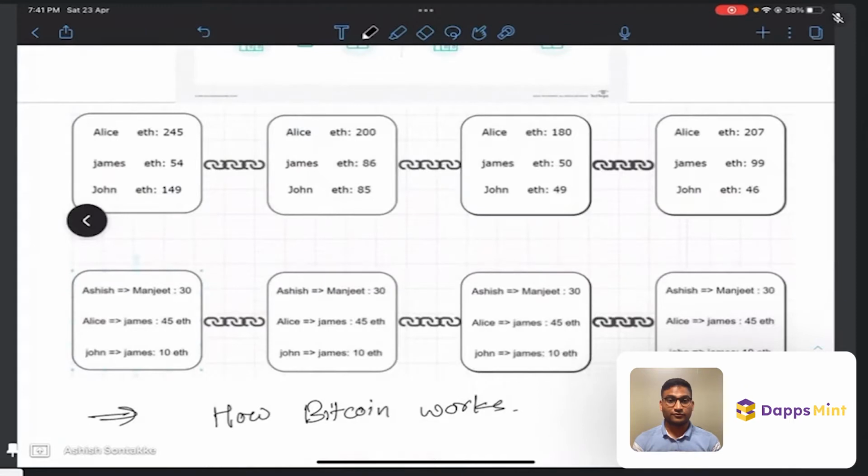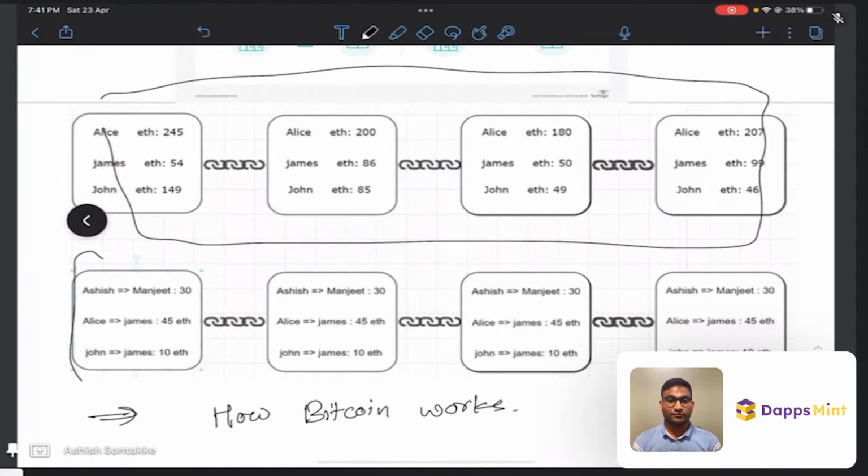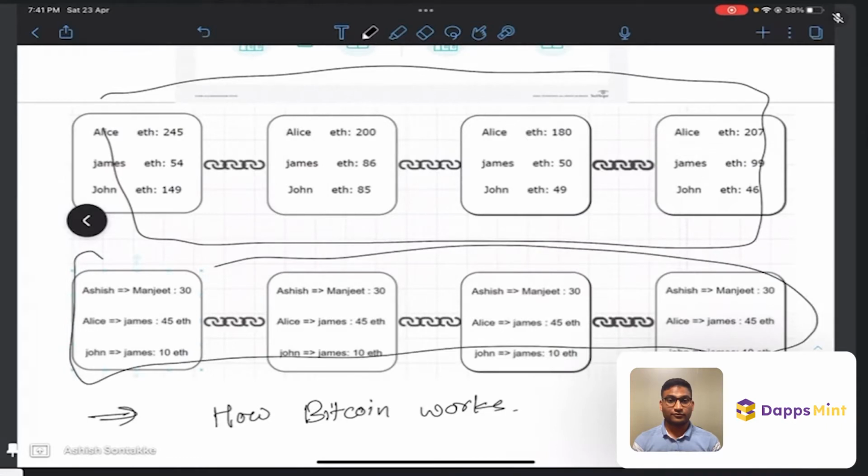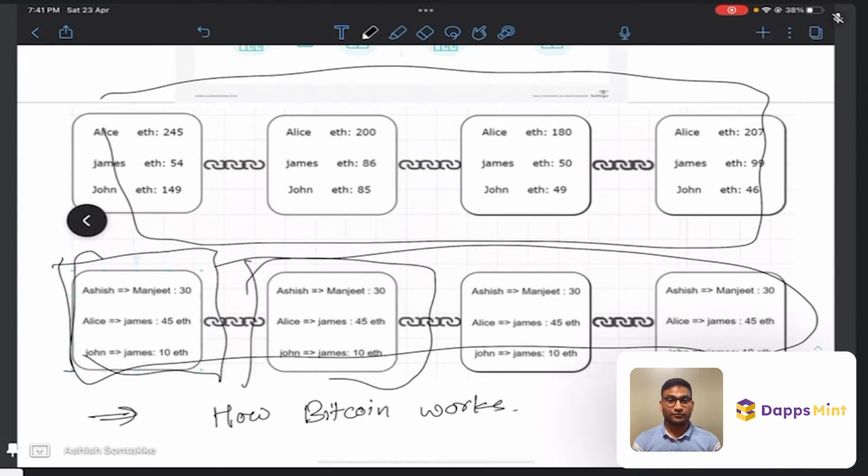Okay, so can you see these two diagrams right now? Yeah. These two are like two separate blockchains. This is a block, and we add multiple blocks together, one after the other. And once a block is added to this chain, we cannot change it.